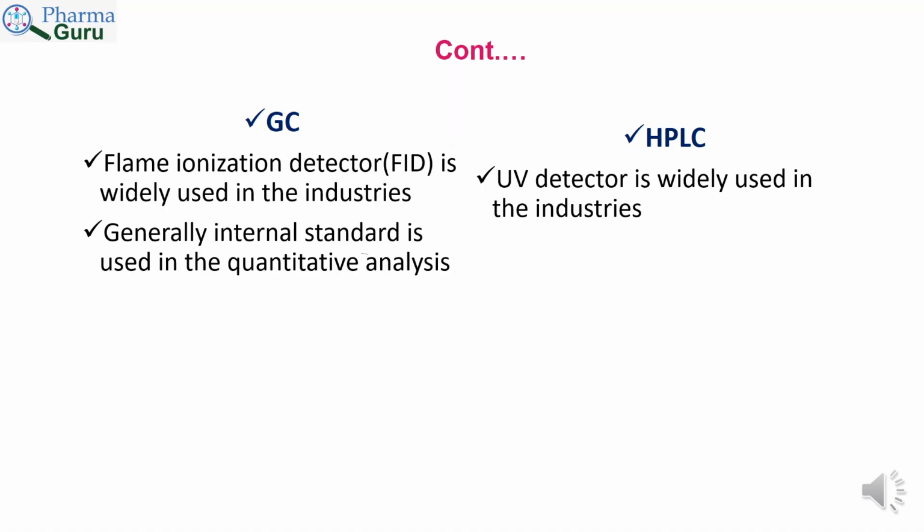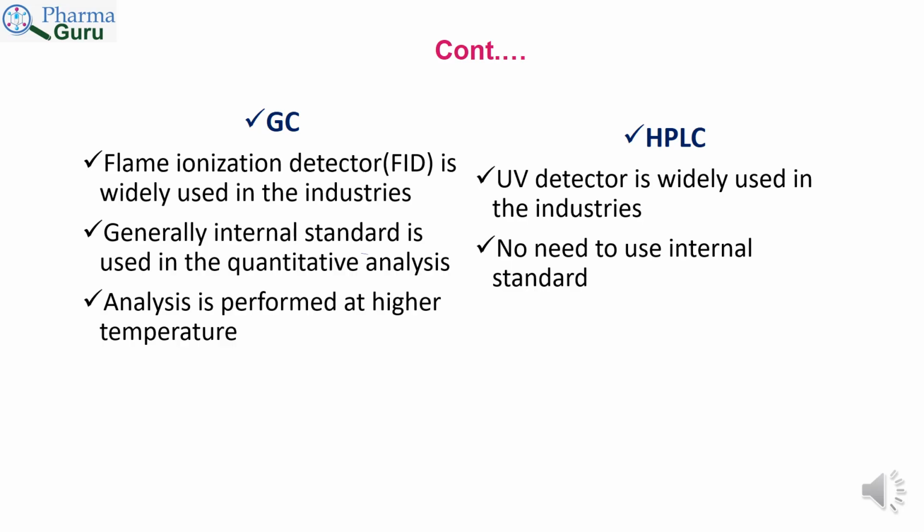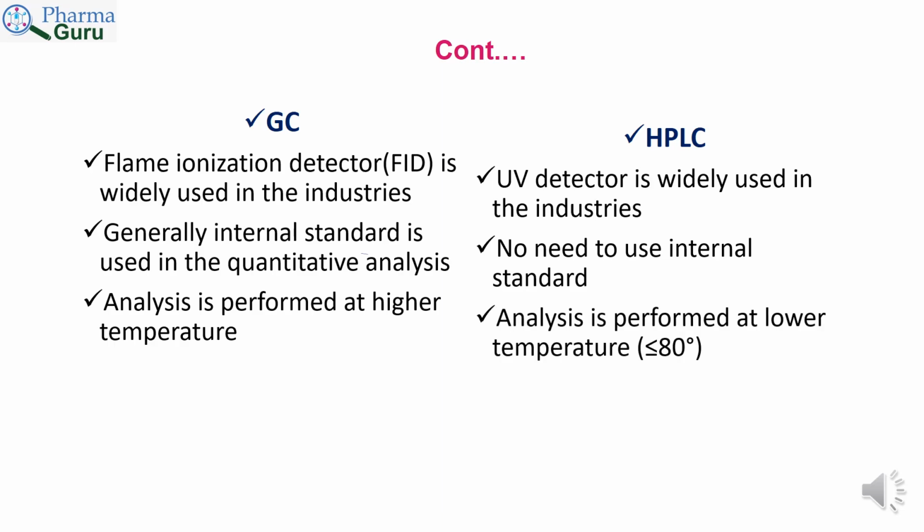In GC, internal standard is used for quantitative analysis, whereas in HPLC, internal standard is not used. In GC, analysis is performed at higher temperature, whereas in HPLC, analysis is performed at a lower temperature.